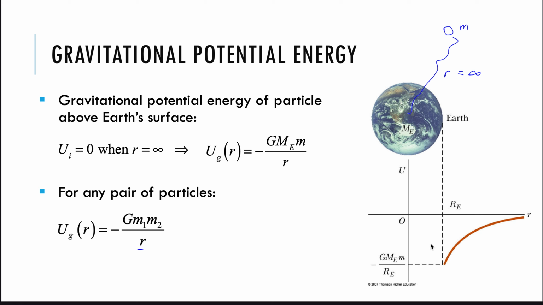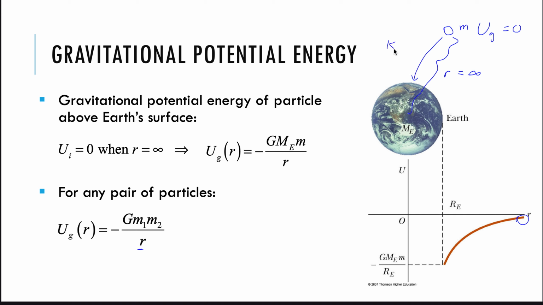The reason that the potential energy is negative is because that force is attractive. If you imagine a mass being very far away at distance r is infinity, which is over here, we said the potential energy is 0. What happens as this mass falls towards the Earth due to that attractive gravitational force? We know that it speeds up, right?